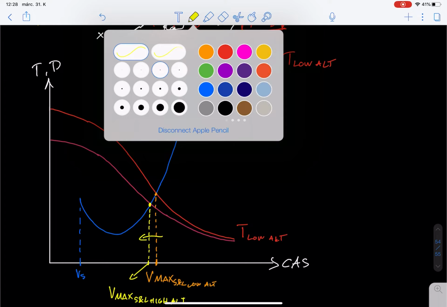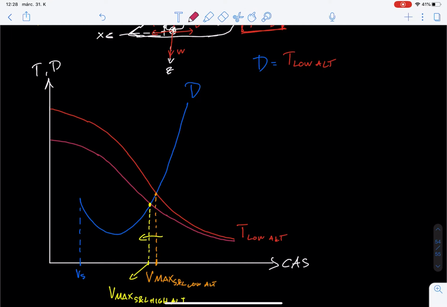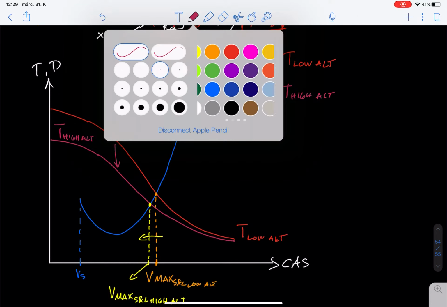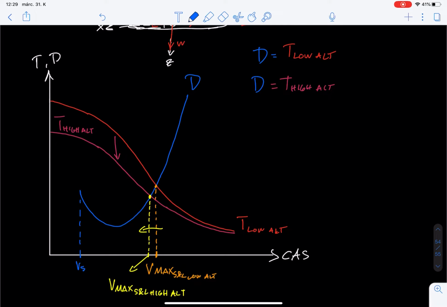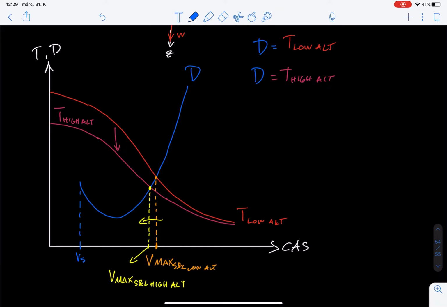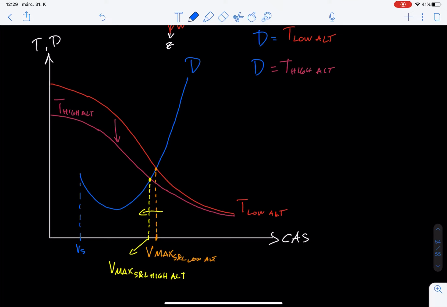So here we have the thrust at high altitude, so this whole thing shifted downwards, and now we're looking at the equation of thrust at high altitude has to be equal to the drag, right? It has to be equal to the drag to get the cruise conditions. So this would occur at a lower calibrated airspeed.